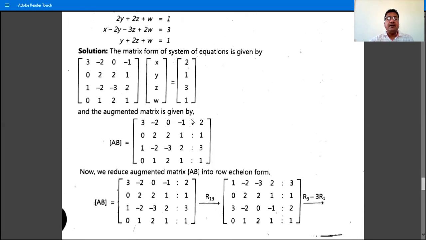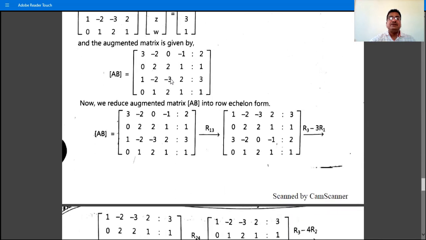Then write the augmented matrix, the combination of A and B, written as [A|B]. This is the matrix A, this is the matrix X, and this is the matrix B. So this is the augmented matrix.